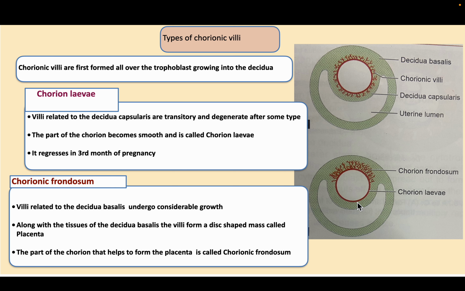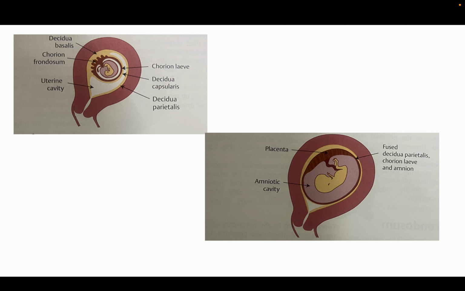Next is chorion frondosum. Villi related to the decidua basalis undergo considerable growth. Along with the tissues of the decidua basalis, the villi form a disc-shaped mass called the placenta. The part of the chorion that helps to form the placenta is called the chorion frondosum. This is how it is happening.